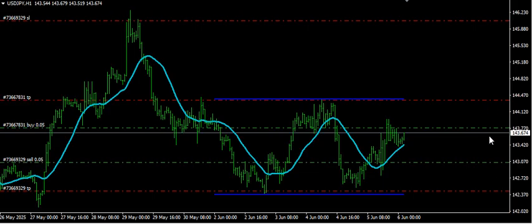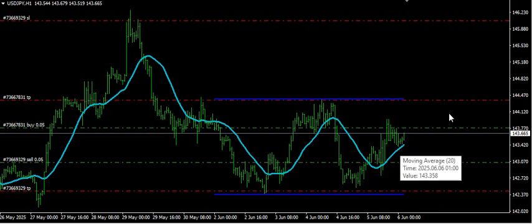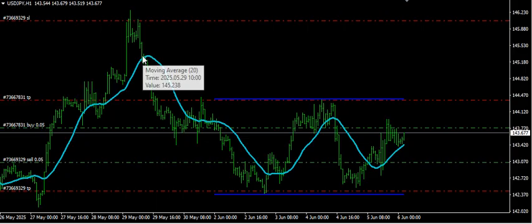A W shape, that is harmonics. This move going up might even break this, which will conclude the final leg formation of the harmonics W shape.